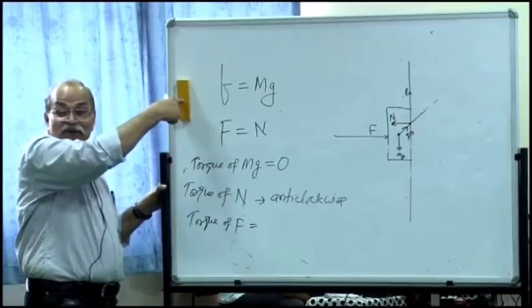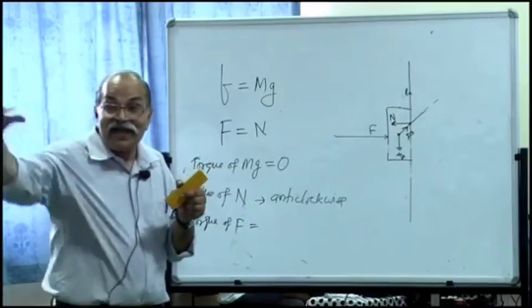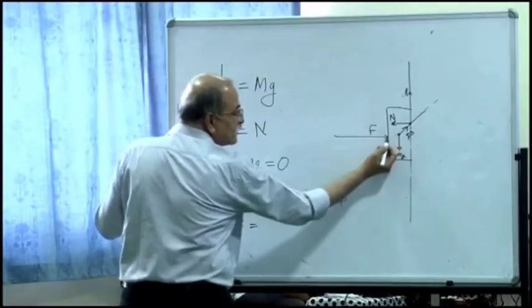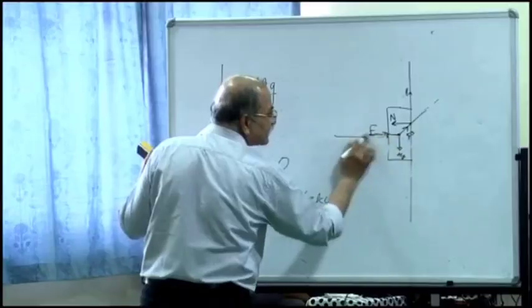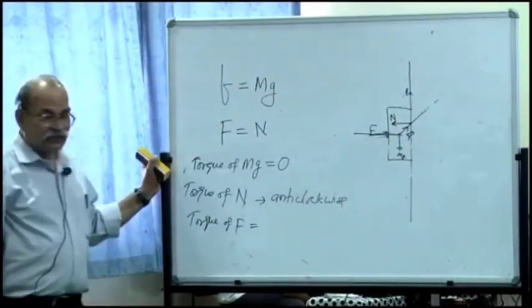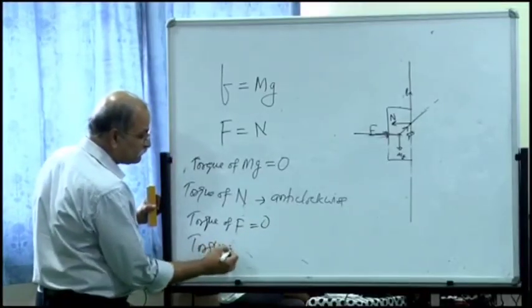So what is the torque? 0. R vector and F vector are along the same line. This is origin and this is the point, so this is r vector. I am right at the center. So this is r vector, this is F vector, so this is 0.